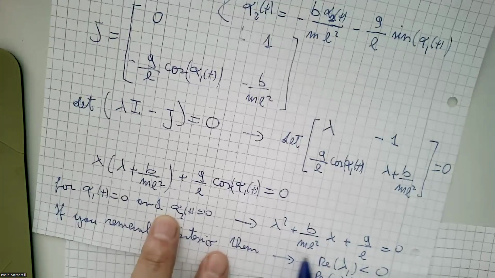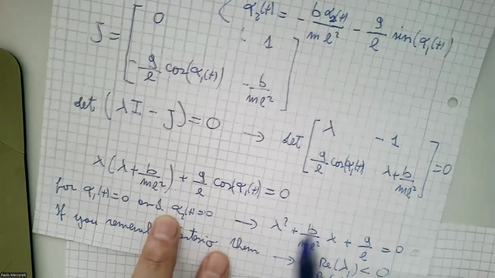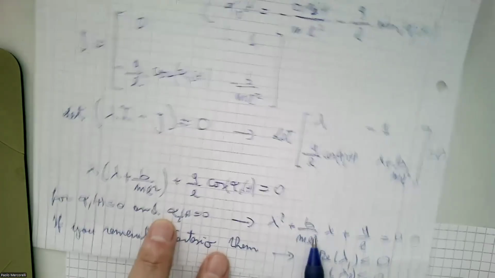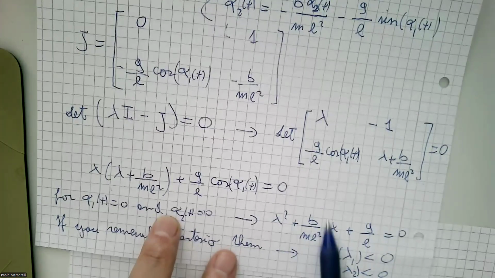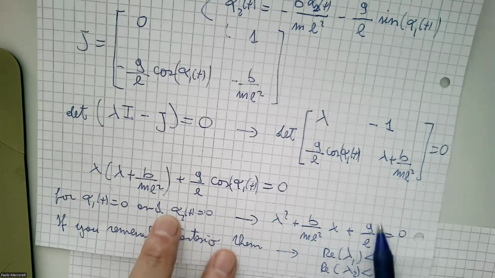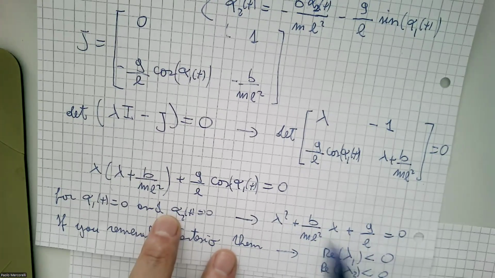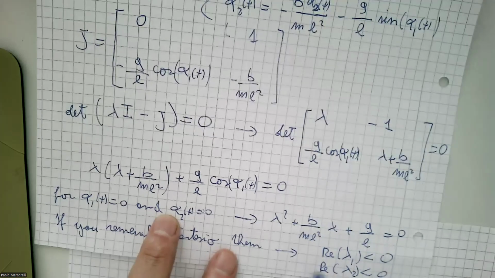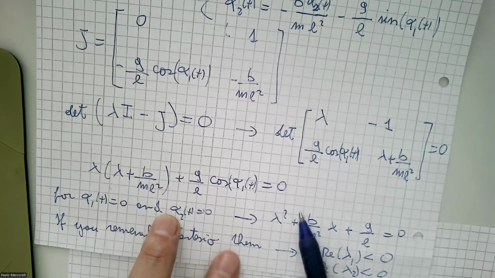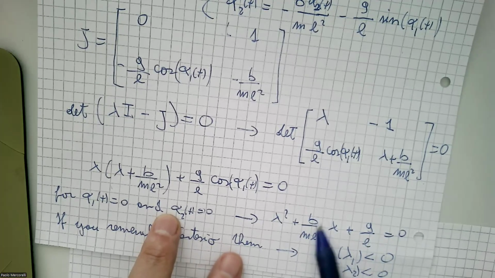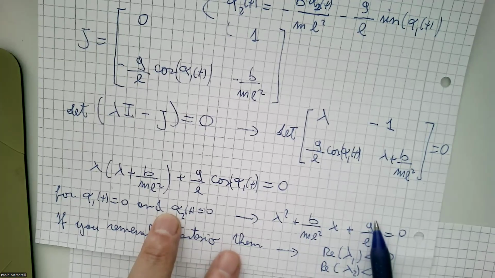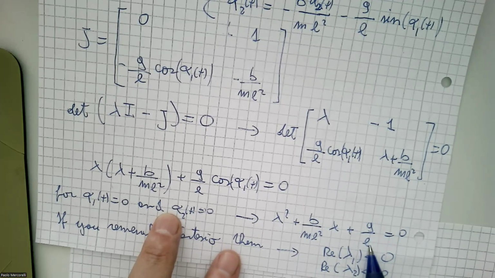On B, M, L, G is given, because inside the root we have this square minus 4 times G divided by L. This means this part here squared must be less than 4G divided by L in order to have oscillations.